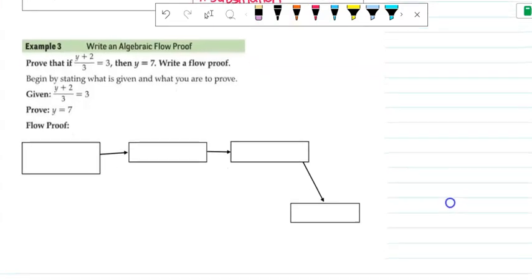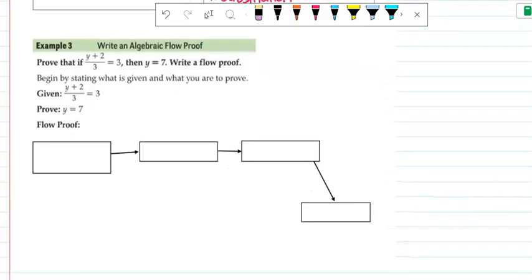Okay, so that was a two-column proof. The other kind of proof that we can use is what's called a flow proof. So a flow proof looks like a little flow chart, right? It has boxes and arrows going to the different boxes. So the way that this starts is our statements go into the box, our reasons go underneath the box.